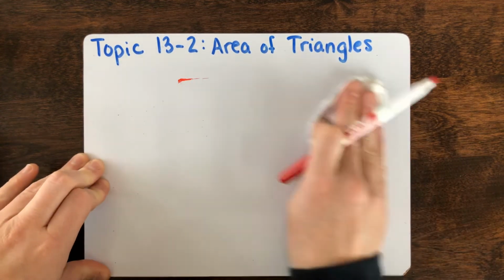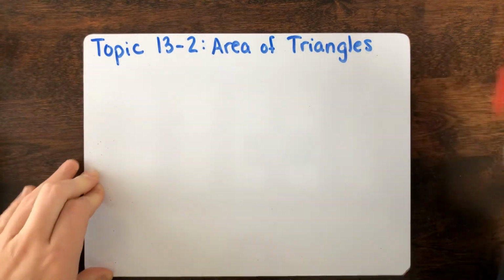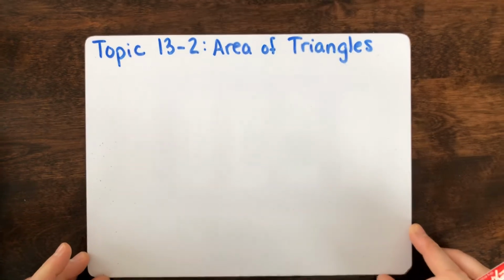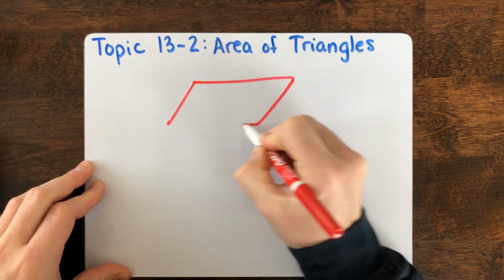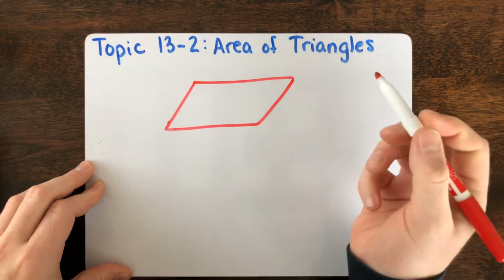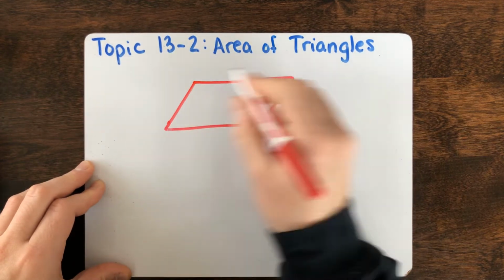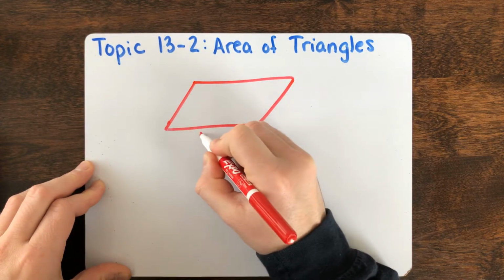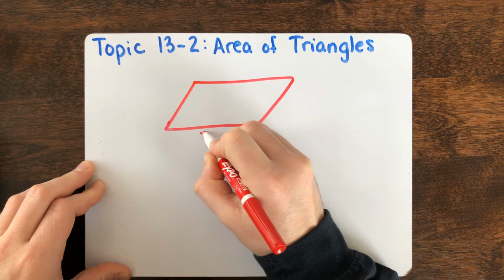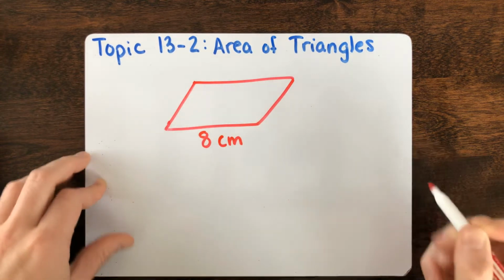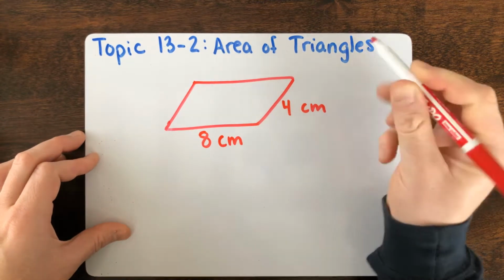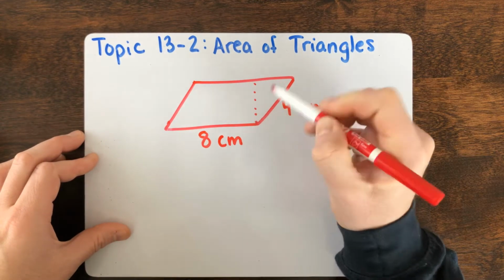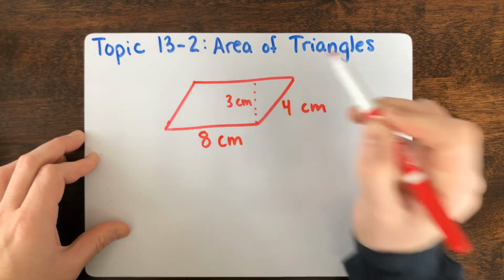So now that we remember that the area of a parallelogram is base times height, let's go over a few examples. So if I give you that the base of this shape is, let's say, 8 centimeters, and the diagonal is 4 centimeters, and then the height is 3 centimeters.